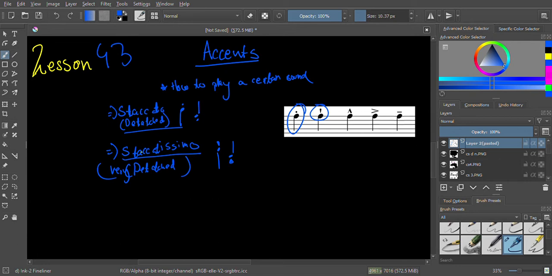It's basically just like how a staccato is detached, but just more detached. And by detached, once again, it is shorter than all the other notes. It feels separated from the rest of the music. So those were just a bunch of staccatos or staccatissimos. You can see it's just more detached. Nothing much more to it.